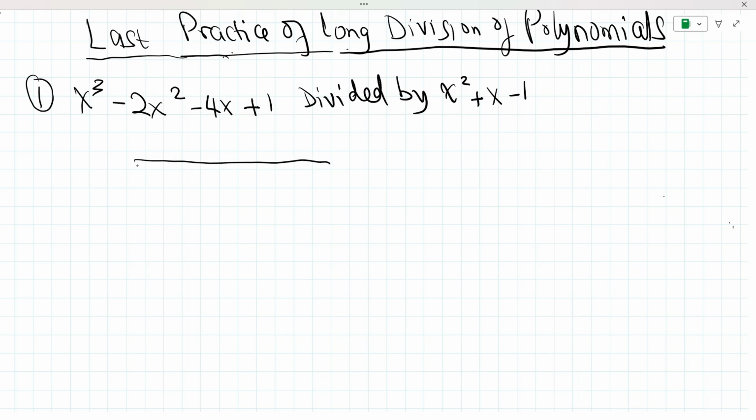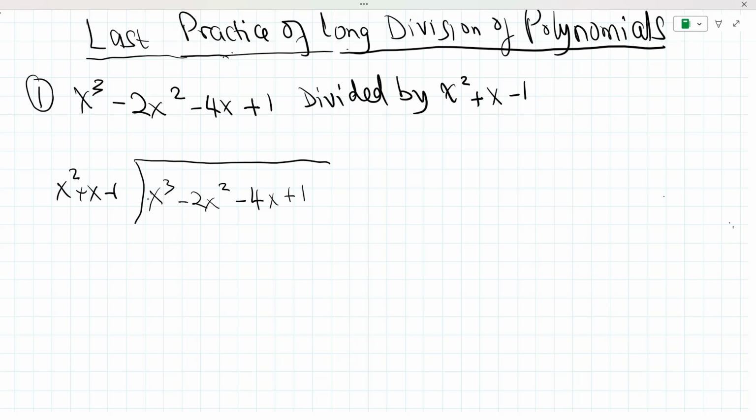So again, we have our long division, and our dividend seems to be well aligned. So it's x cubed minus 2x squared minus 4x plus 1, and this is being divided by x squared plus x minus 1. Right, so the process is the same.